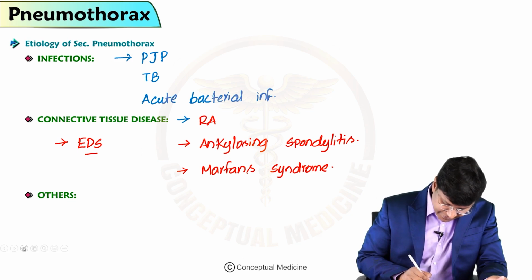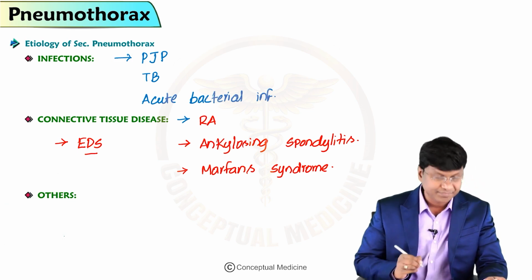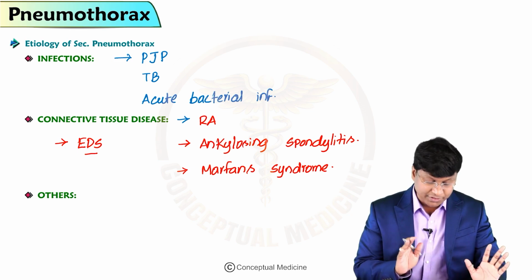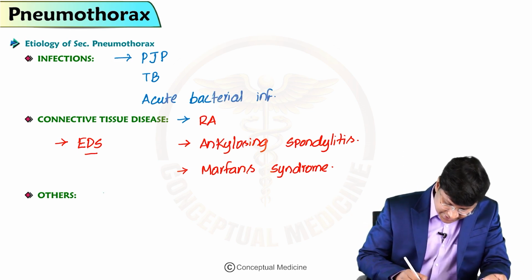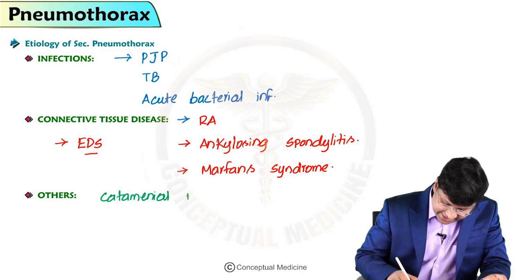Now, apart from these connective tissue disorders, we have some miscellaneous causes for the development of pneumothorax. What are those miscellaneous causes? That includes catamenial pneumothorax. Now, what do you understand by this word catamenial pneumothorax? I will discuss that in detail.